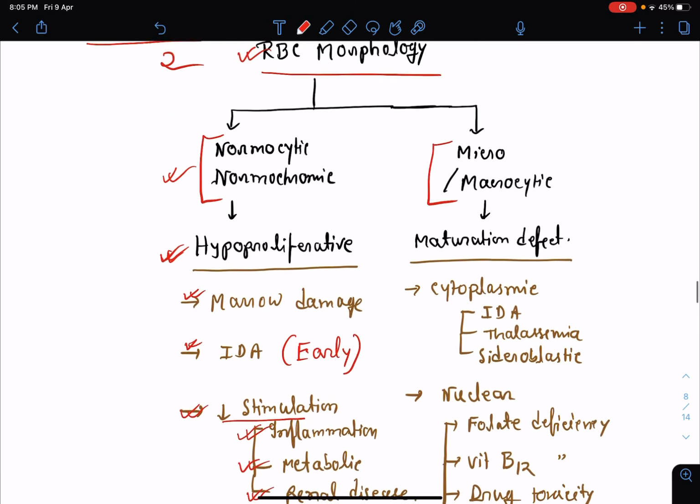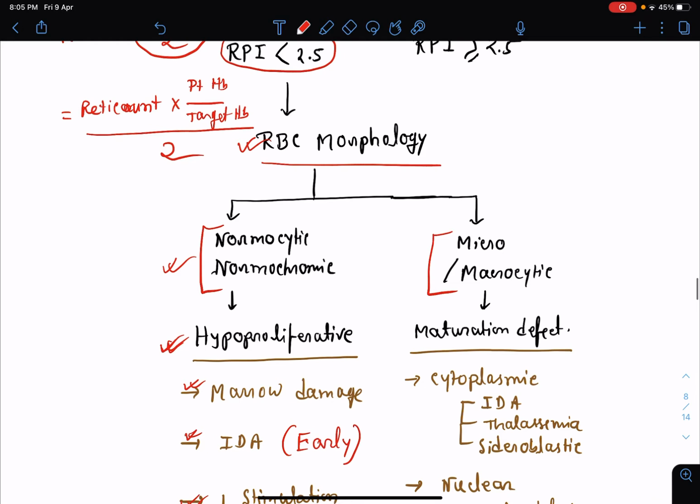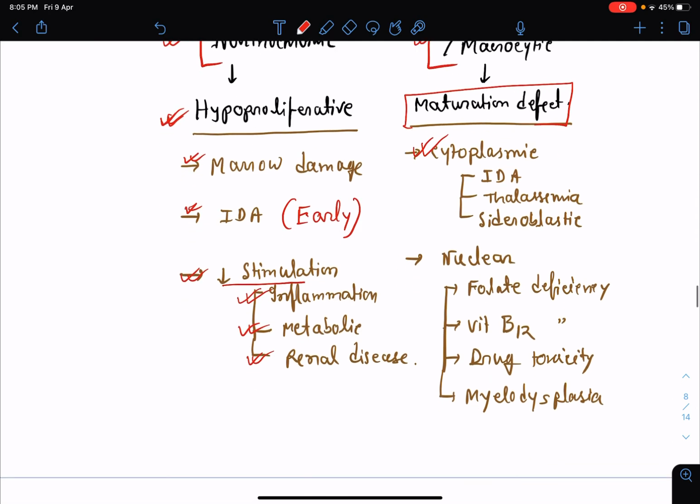Now, if the RBC morphology is microcytic or macrocytic, that means there is maturation defect. The maturation defect can be either in cytoplasm, or it can be a nuclear defect. If there is cytoplasmic maturation defect, the causes can be iron deficiency anemia, thalassemia, or sideroblastic anemia. And in cases of cytoplasmic defect, the RBC morphology will be microcytic and hypochromic.